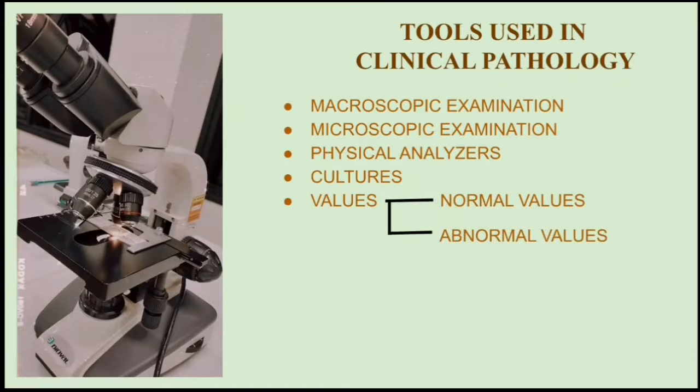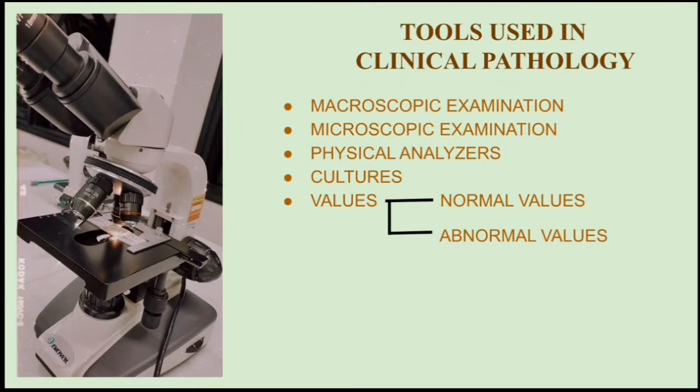Moving on. The tools used in clinical pathology are macroscopic examination, microscopic examination, physical analyzers, cultures, and values like normal value and abnormal value. Macroscopic examination is a physical examination that you make by looking at the specimen or the sample that is obtained. Microscopic examination is observing under a microscope.